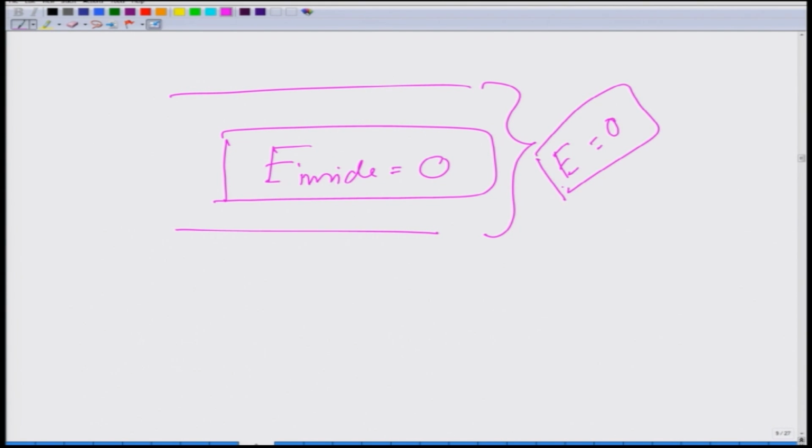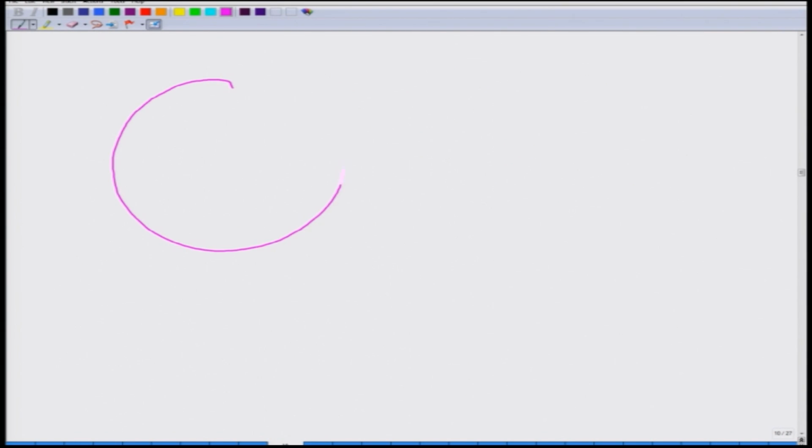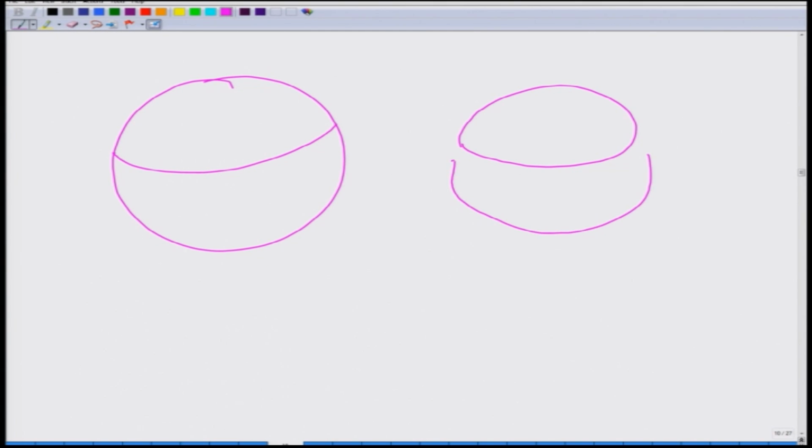Similarly, I will do the same thing in the case of the metal sphere. It was a metal sphere with northern and southern hemispheres. What I will do is shift this hemisphere by a small distance, say delta x. Now you can see this was the volume, and now the volume has increased.